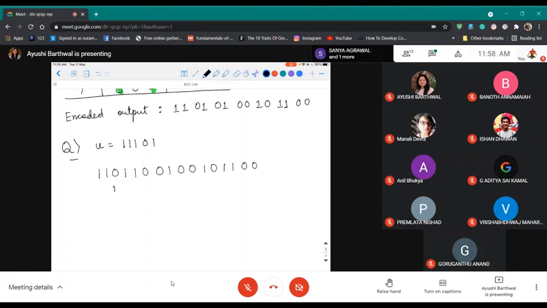Zero zero we will not consider, Manali. First instance, when the contents of the shift registers are all zero, since there is no input bit at that time, we will not consider that output. So we'll be starting with the second bit, K is equal to 1 instance. So output would be 1101 10 0100 10 11 and 00.